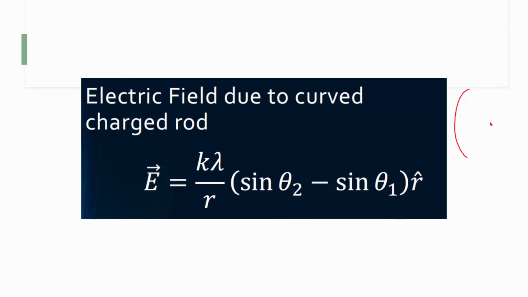Ito yung test charge, ito yung angle, ito yung angle. Kaya niya na yan. Ayan, angle 1. Tapos, angle 2. So, ayan. k, then your charge density, r is yung distance, or yung radius nung curved charge rod, and ayan.